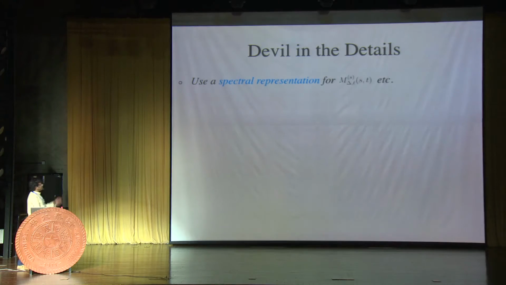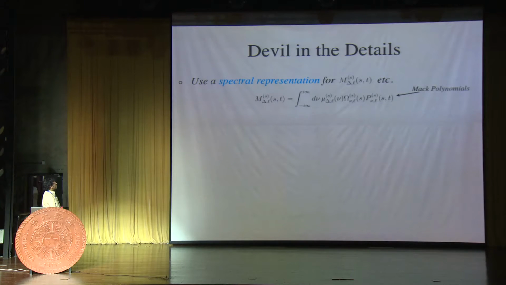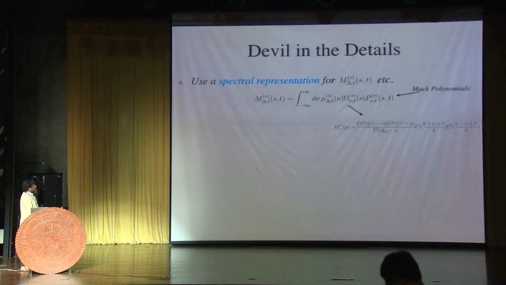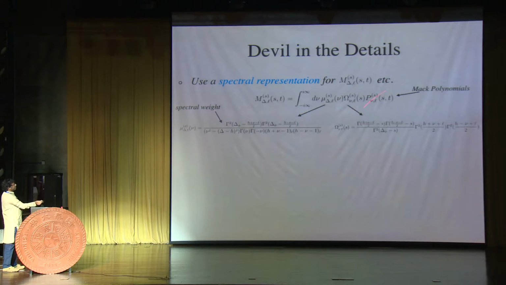So I'll just inflict a couple of technicalities on you, just so that you get some appreciation of what it involves. It's useful to use a so-called spectral representation of these. For a general case, it's useful to use the spectral representation, which is something that people have studied in the literature, a spectral representation for this Witten diagram building block. It's built in terms of the Mack polynomials, some gamma factors, and a spectral weight.